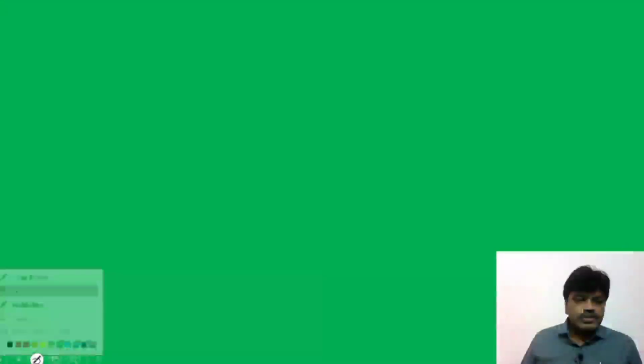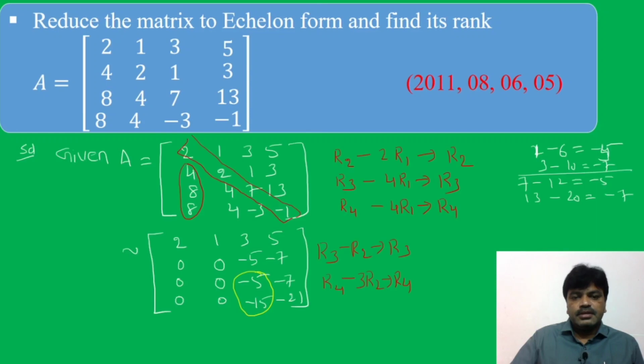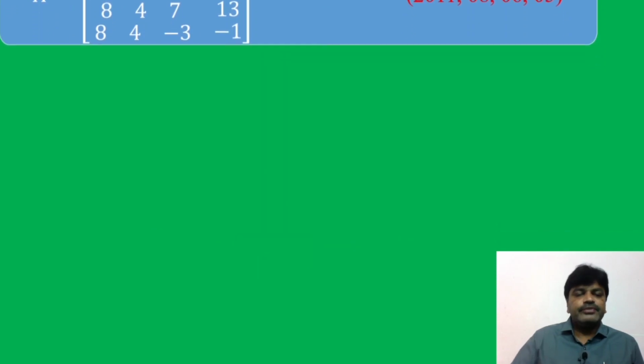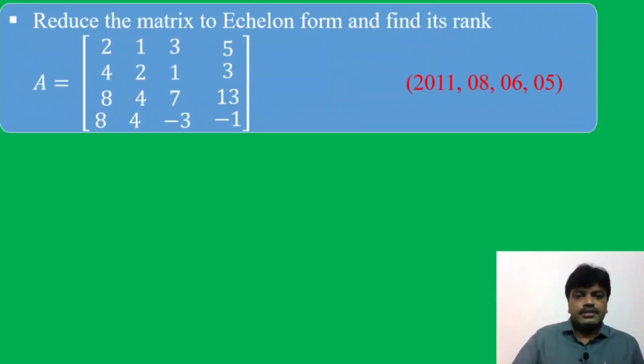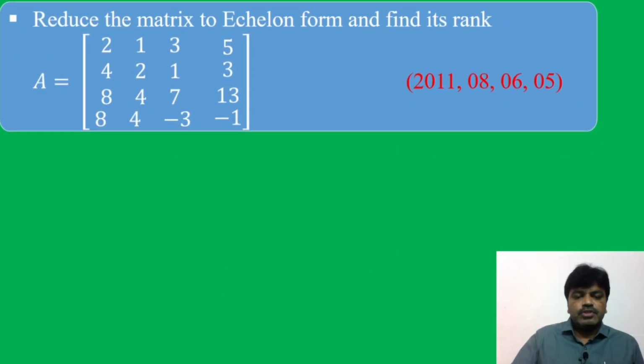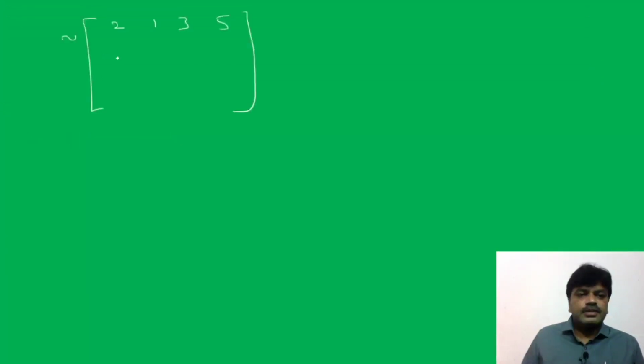So this is equivalent to the matrix 2 1 3 5, second row is 0 minus 5 minus 7, third row is 0 0 minus 5 minus 7.